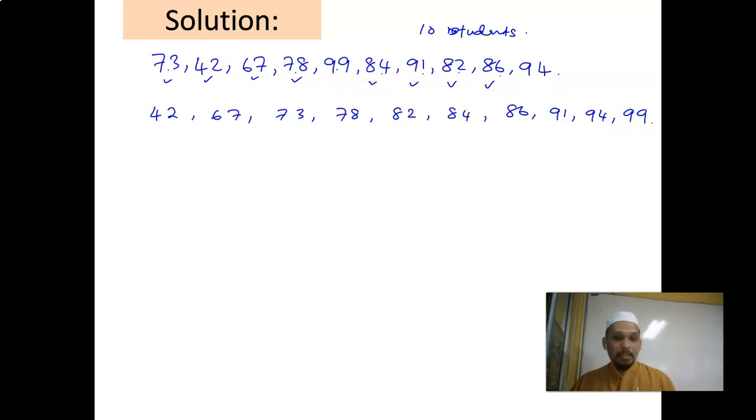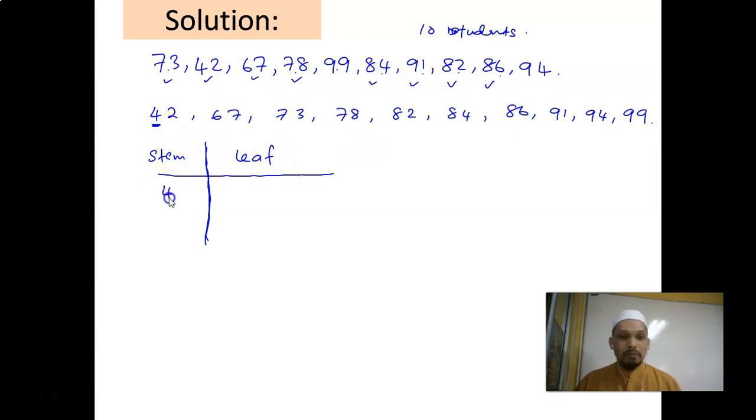Okay, so then if we divide this, sketch a line, draw the line here. We name this a stem and leaves. So take the first digits here, which are 4, 6, 7, 8, and 9.